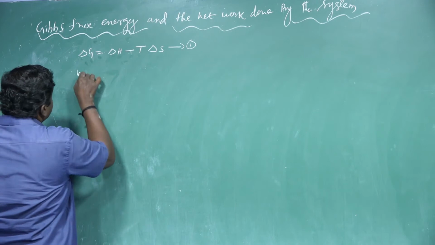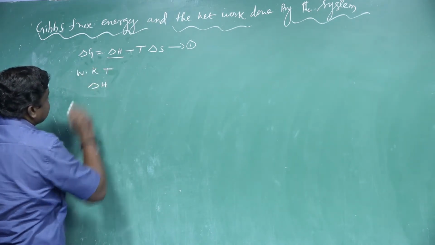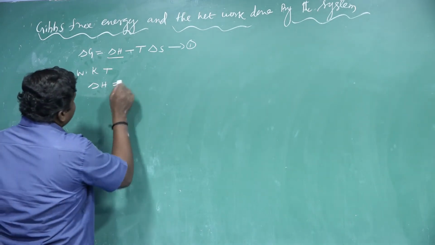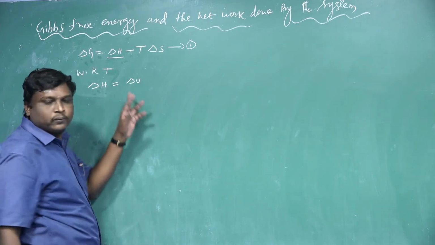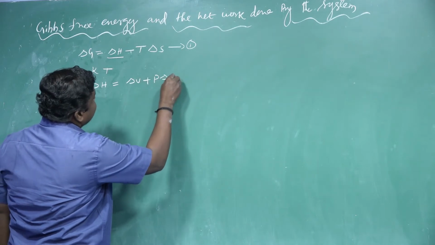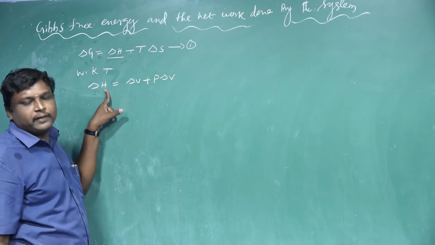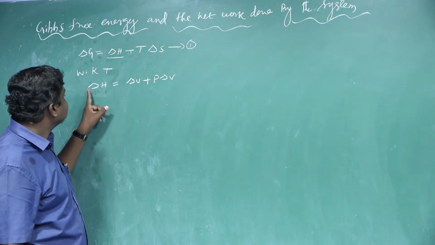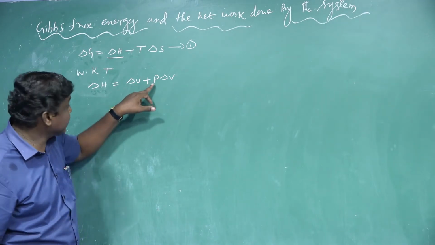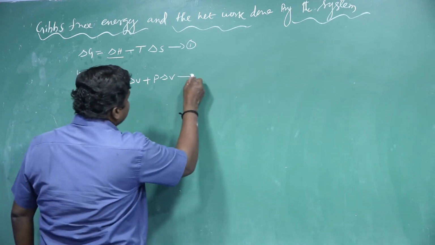We know that the change in enthalpy ΔH equals ΔU plus PΔV. The change in enthalpy equals the change in internal energy plus the pressure, which is constant, times ΔV. That is equation 2.